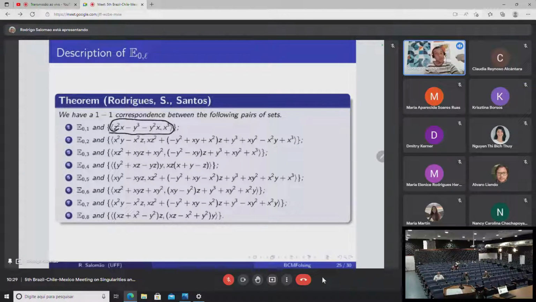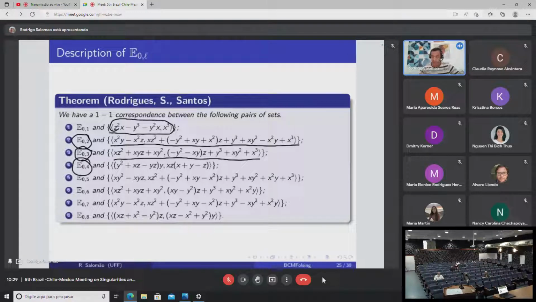And we can do this same work for the other pieces of the stratification of the fibrations with Mordell rank 0, and we will obtain each pencil that realizes this set.